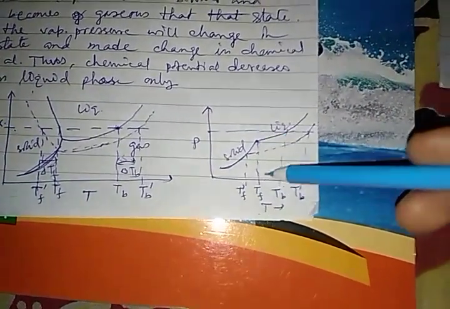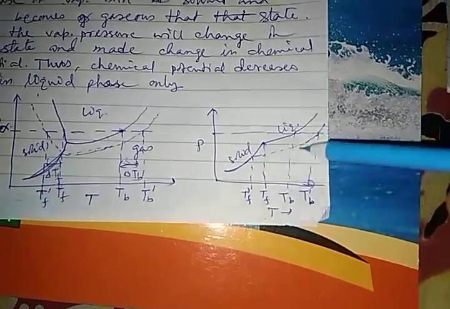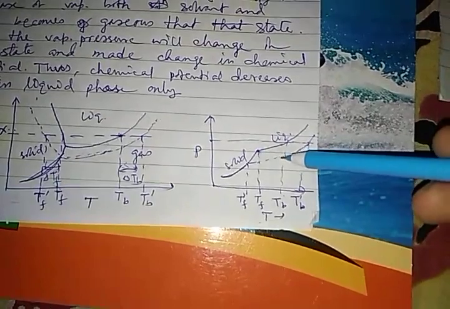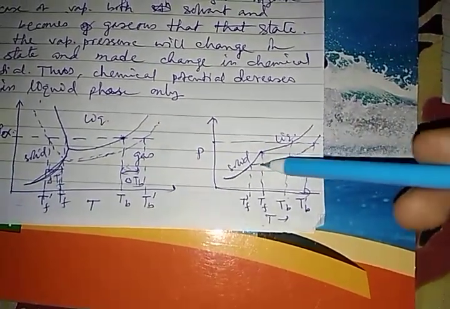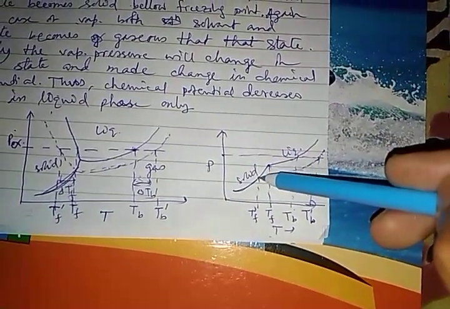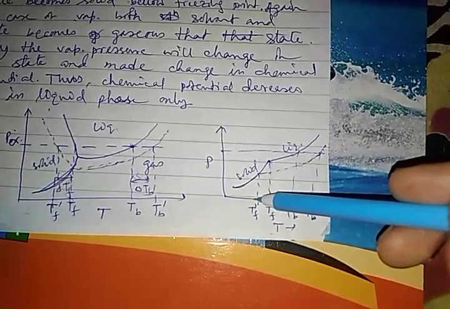For pure solvent, that is the freezing point. Now when we have added some non-volatile solute, the vapor pressure of the liquid decreases and the solid remains the same, so it will look like this. Where it has started touching the solid line here, that will be the new freezing point.